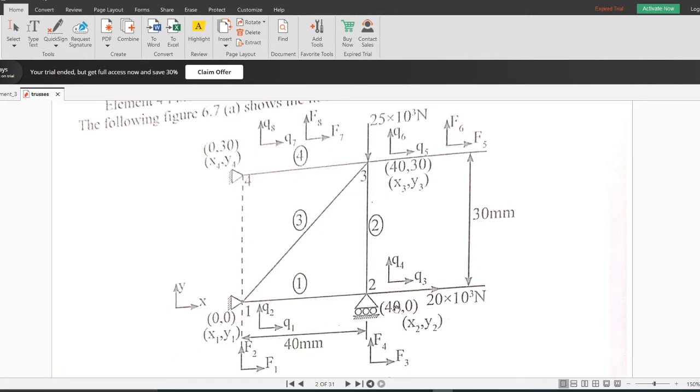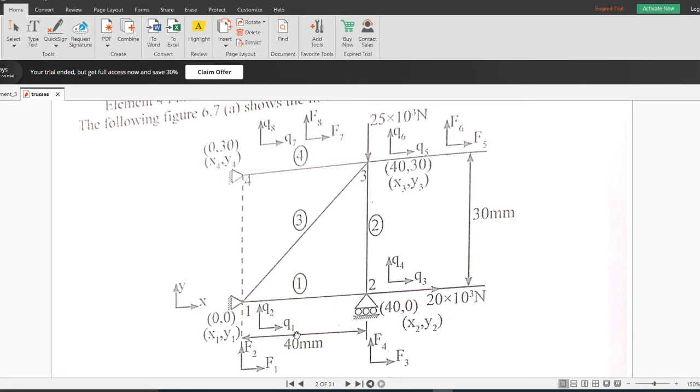At node 2, what is the x2 value? 40. And what is y2? 0, because it's at the datum only.